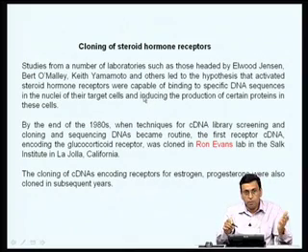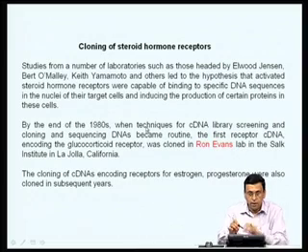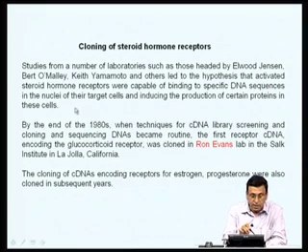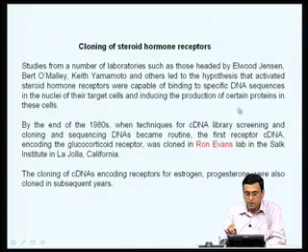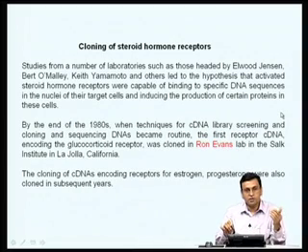I am not going to quote everybody who worked in those areas. All these studies led to the hypothesis that activated steroid hormone receptors go and bind to specific DNA sequences in the nuclei of the target cells, and this induces the transcription of these genes, leading to production of specific proteins.